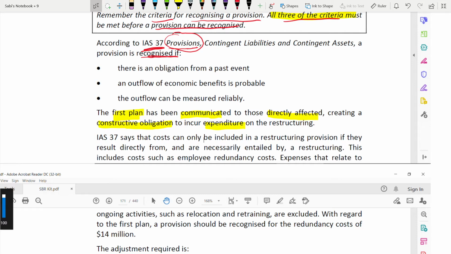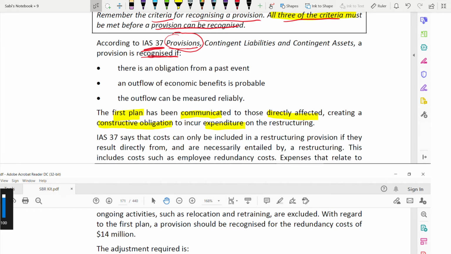So now you need to talk. You talked about the first plan also. Now you need to say how the standard is linked with the restructuring. You have given the 3 points about general provision. Now you are linking it only to the restructuring provision.